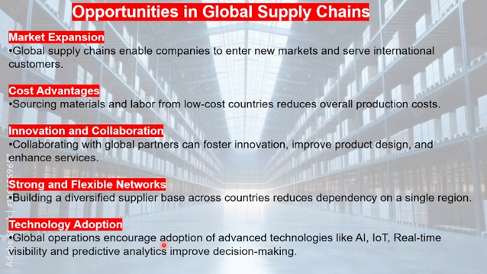If we link with those countries, we can also improve our usage of technology. We become aware of the current world technology they're using, like real-time visibility, AI, and Internet of Things, which improves decision making. So this is also a good opportunity point in global supply chain management.